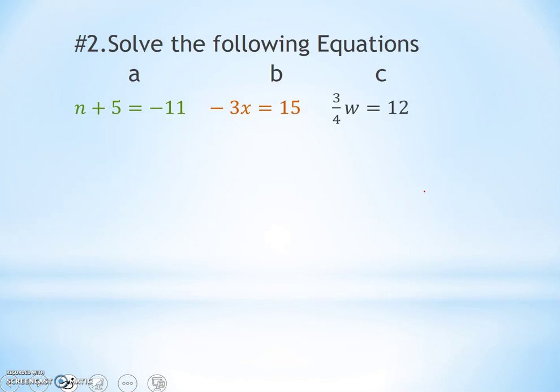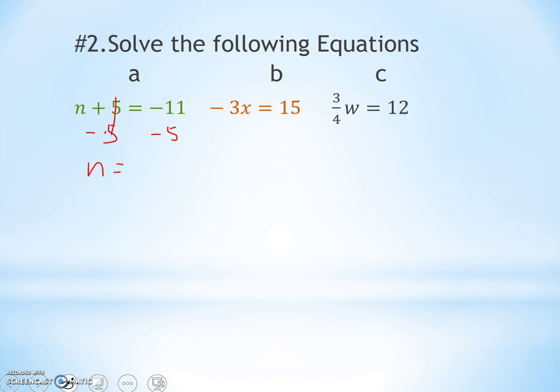Again, just like before, I want to undo adding 5. So the inverse of adding 5 is subtracting 5. So I'm going to subtract 5 from this side and subtract 5 from this side. Over here, I just have n. But then n equals negative 11 minus 5.